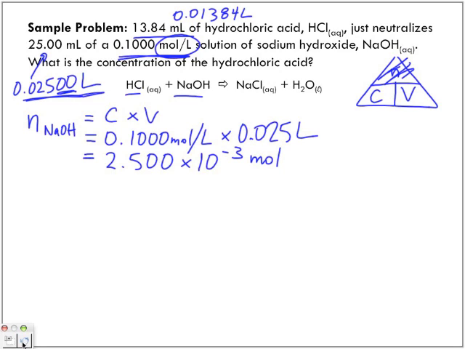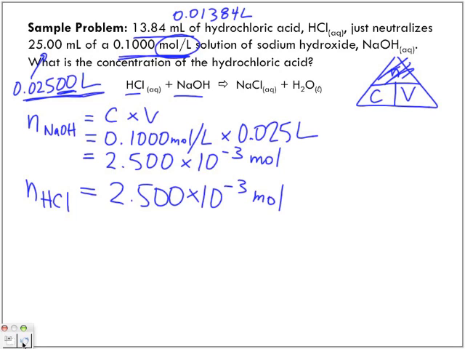Because it's a 1-to-1 ratio, the number of moles of HCl that I'm using is the same thing. So we don't have to make any additional calculations. The number of moles of sodium hydroxide is 2.500 times 10 to the negative 3, and the number of moles of hydrochloric acid is the same, 2.500 times 10 to the power of negative 3 moles.